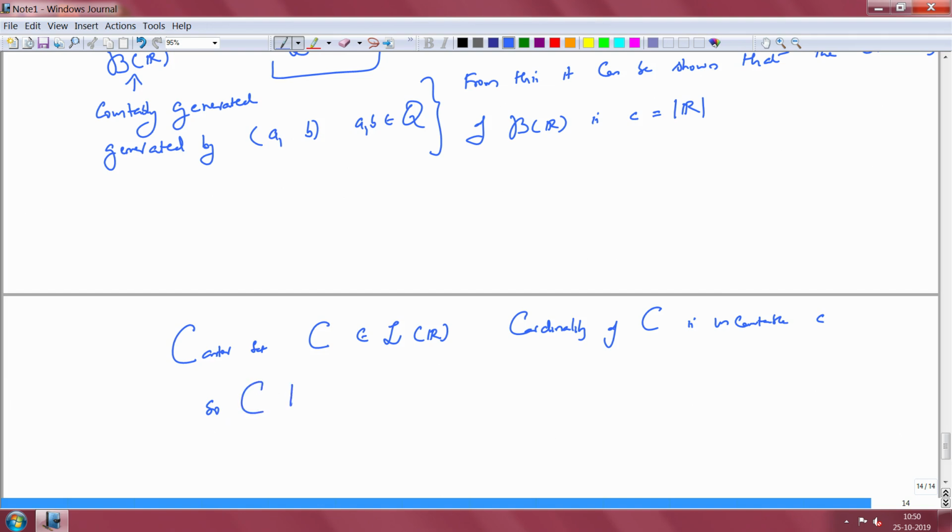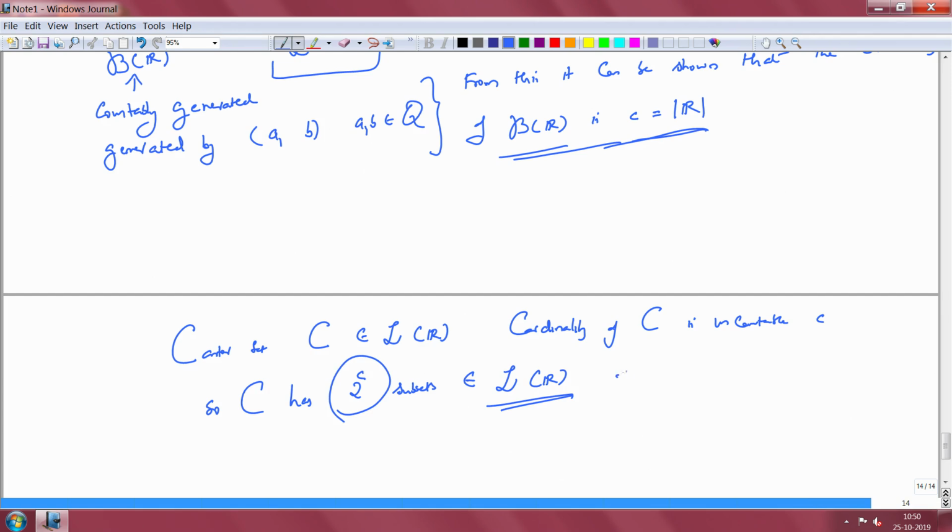So, capital C has 2 to the small c subsets, all of them belonging to the Lebesgue sigma algebra. So, let us recall. Here we have B of R having cardinality c, and here we have L of R with 2 to the c subsets sitting there.